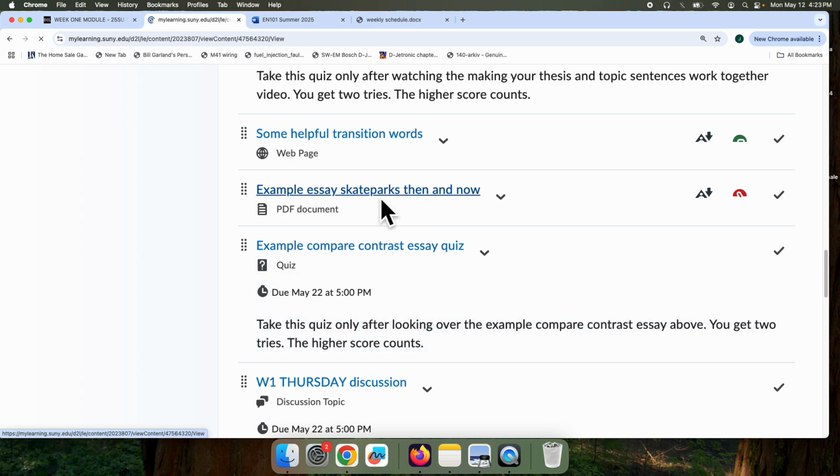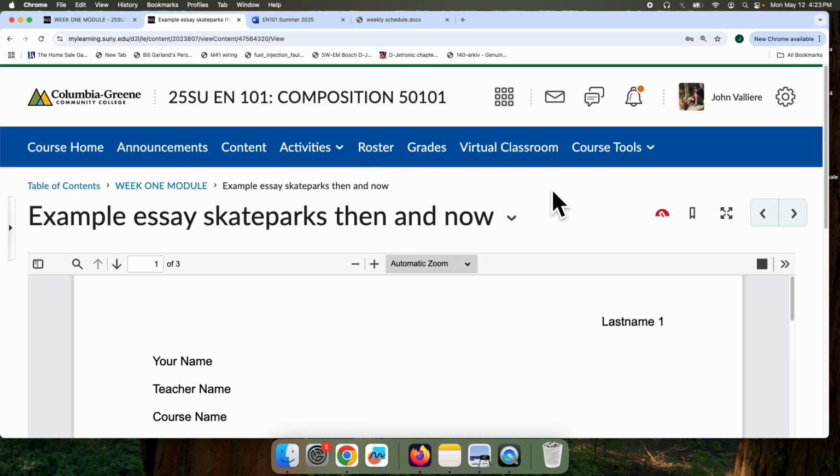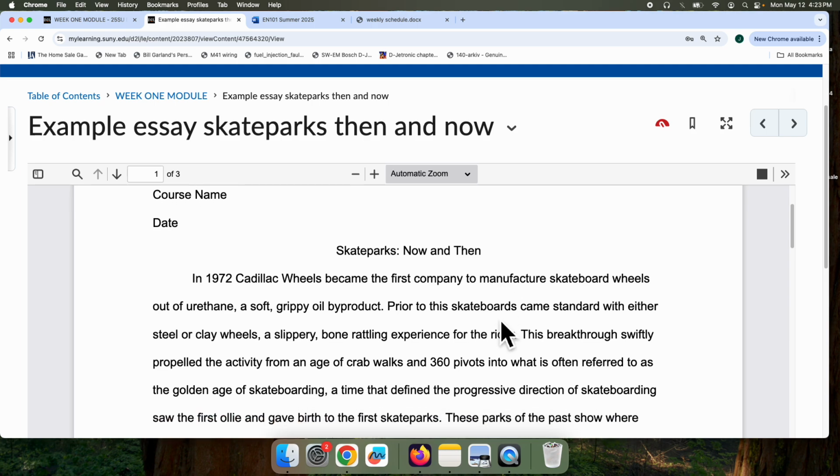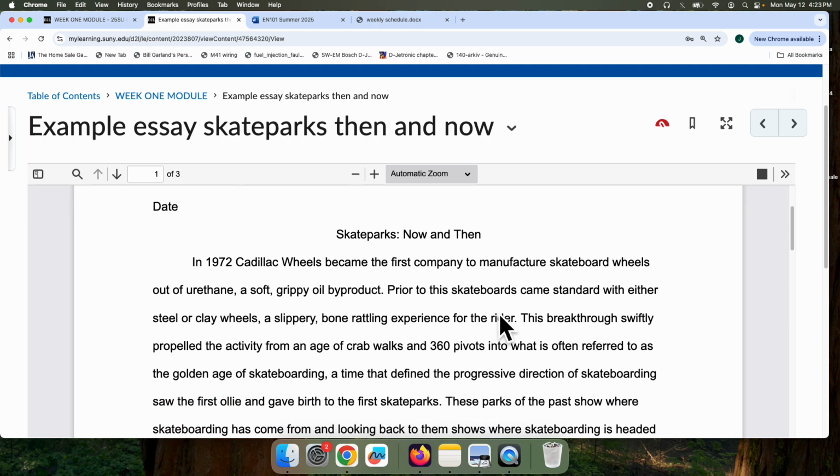So this guy wrote an essay on how skateboard parks, they're nothing alike. And if you go through this paper in detail, most people confuse skateboard parks. You look at one from the 1960s versus one that was built yesterday, and you can't tell them apart, but this guy really nerded out over it, and he wrote a paper arguing old school parks are nothing at all like new school parks. Excellent contrast essay.